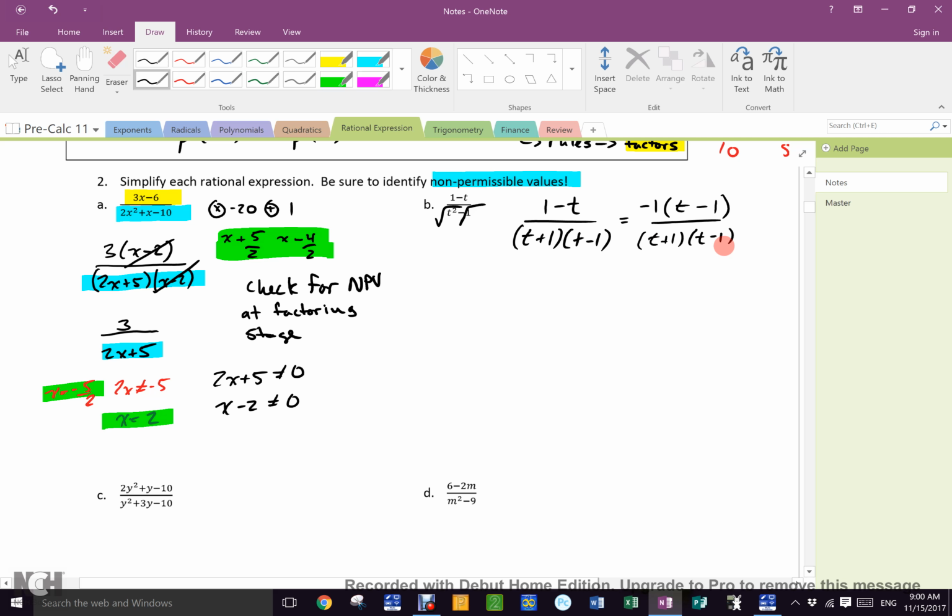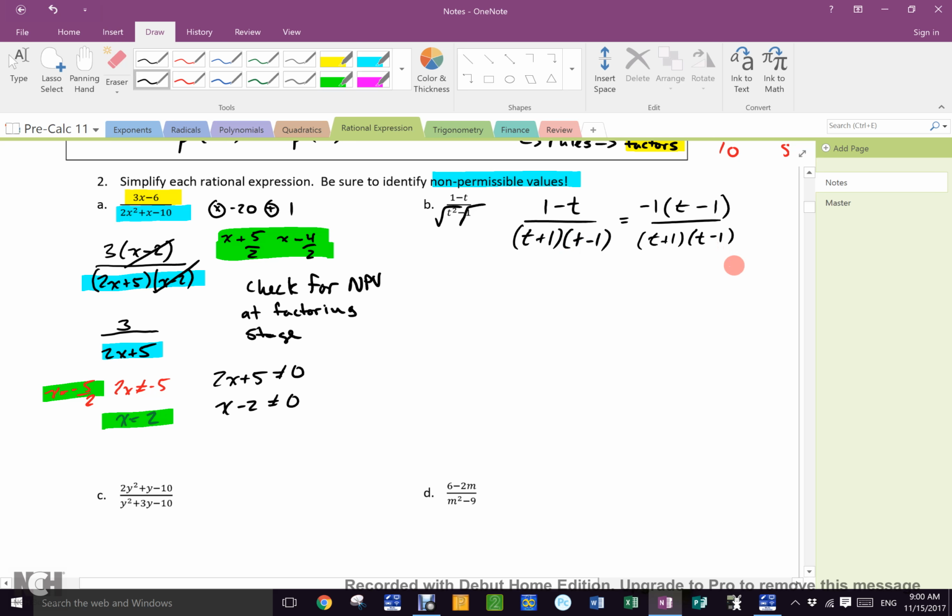Now, is that completely factored? Yes or no? Yeah? It's completely factored. What do we do when we have it completely factored? What are we supposed to check for? The NPVs.